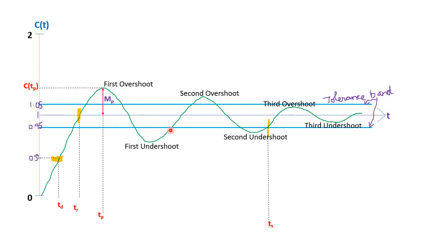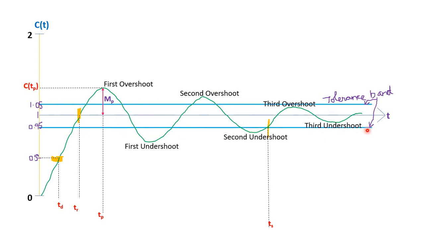Oscillations below 1, we say first undershoot, then second overshoot, second undershoot, third overshoot, third undershoot, and so on. So for the purpose of understanding, we have put a tolerance band, because this is going to be useful for defining some time domain specifications.